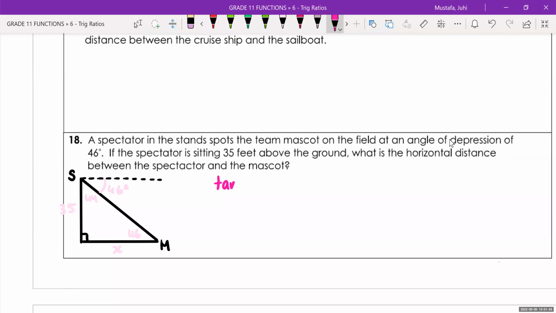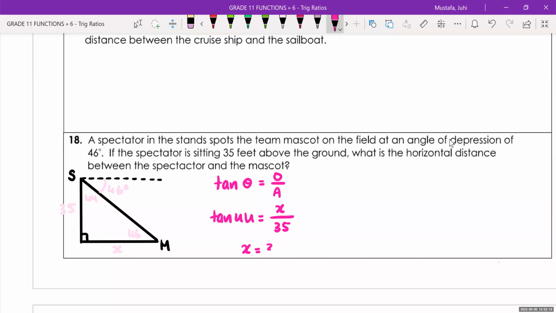So tan theta is equal to, and we all have to be using tan because the hypotenuse is not given to us at all. You could use either. Doesn't matter. If we want, we can use the 44. So tan 44. And then actually tan 44 would be easier because then the x is at the top. So it's going to be tan 44 is equal to x over 35.